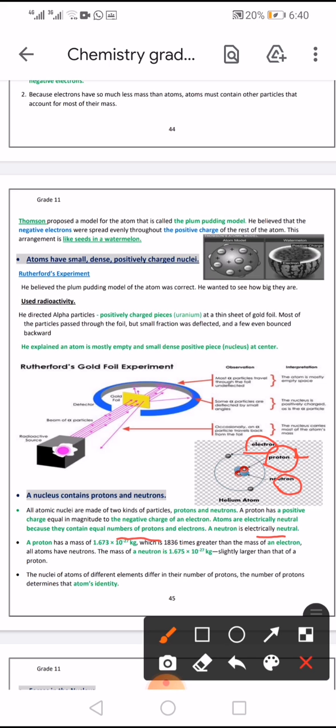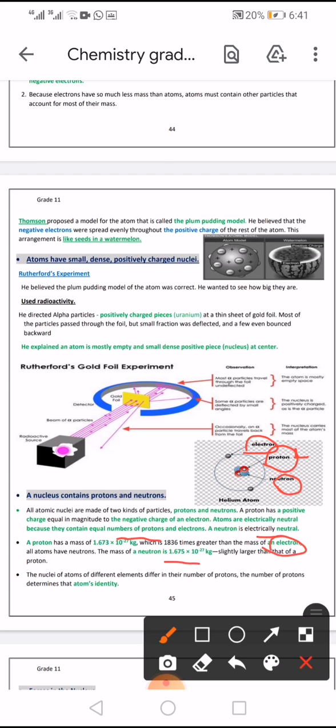The proton has a mass of 1.673 times 10 to the power negative 27 kilograms, which is 1836 times greater than the mass of an electron. All atoms have neutrons.